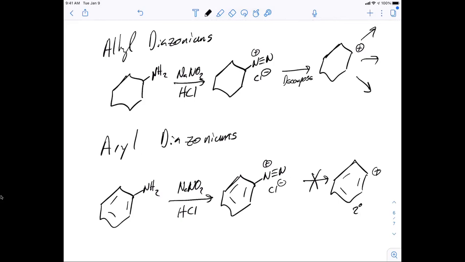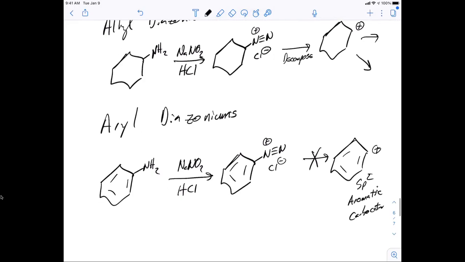Because that's an sp2 aromatic carbocation, which isn't stable. So therefore, this is a much more stable group.